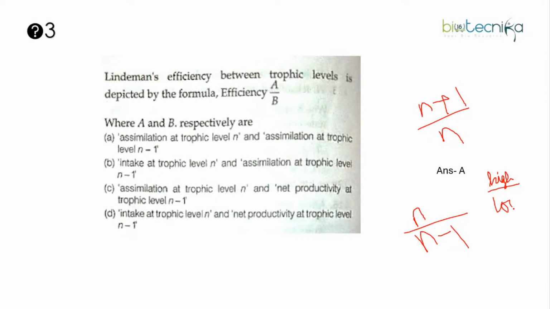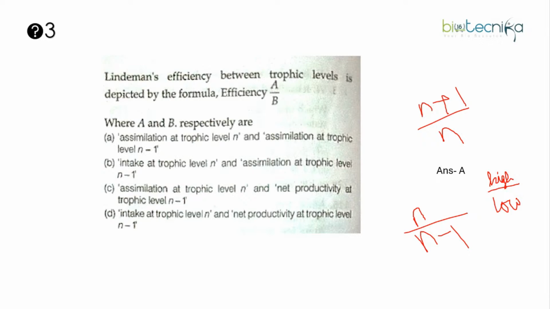Like for example, if I want to find out the efficiency between fox and hare, or fox and rabbit, then obviously fox is at a higher trophic level than the rabbit, isn't it? So it will be assimilation in fox divided by assimilation in rabbit.